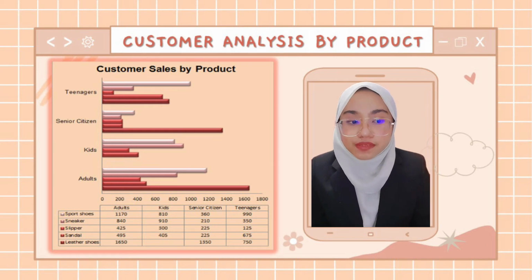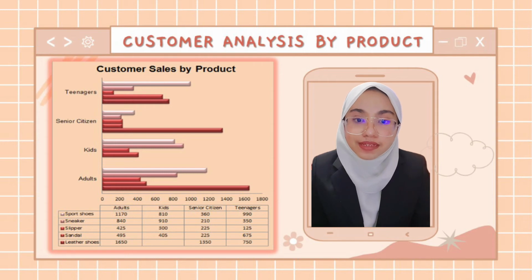Next, for the slippers product, 75 ringgit was the highest sales for the teenagers group, recorded by the Johor branch, and the lowest sales were recorded by both Perak and Kedah branches. Next, the next analysis will be explained by our member Hafizi.